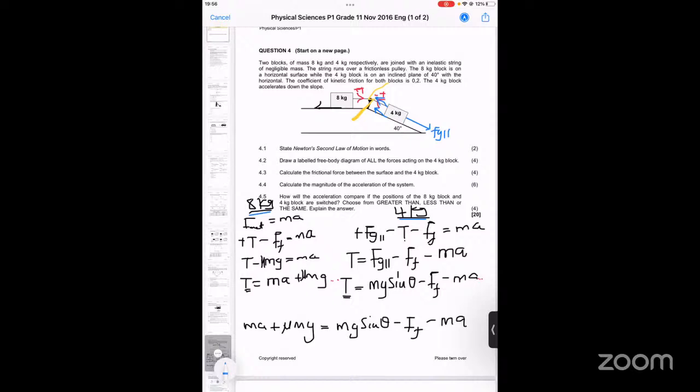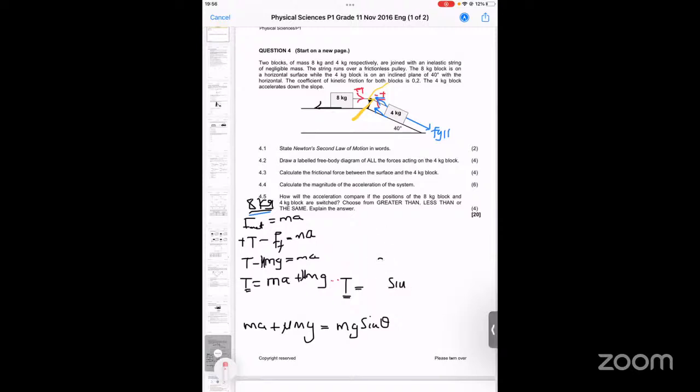Obviously, if you swap, it will move a bit faster because your FG parallel will increase. And with FG parallel increasing, that will obviously influence the acceleration. Acceleration will increase, and that answers the question.